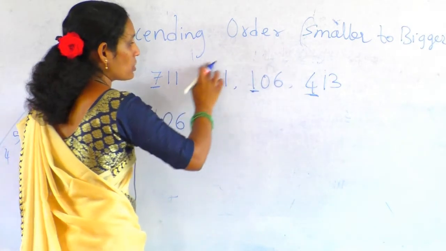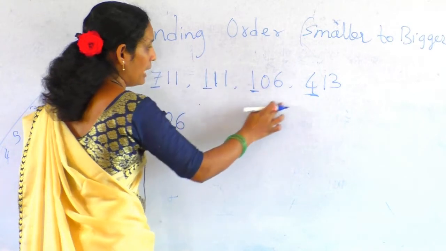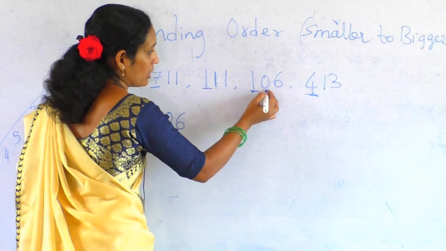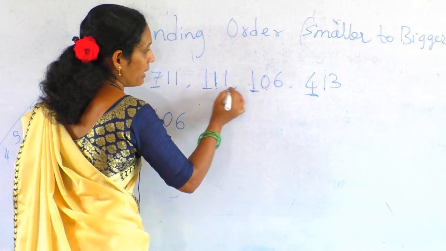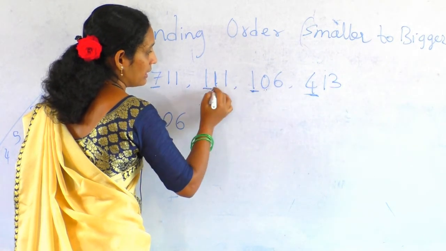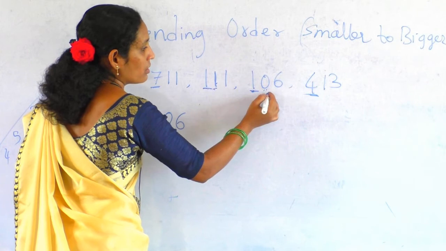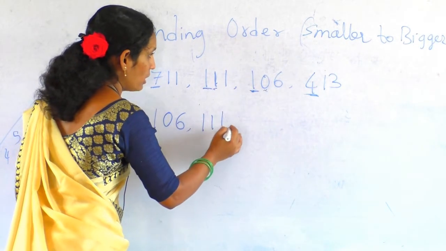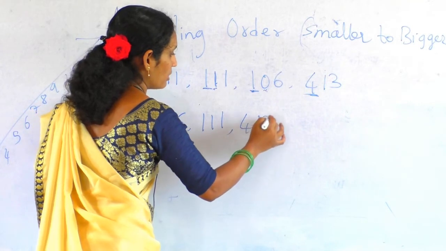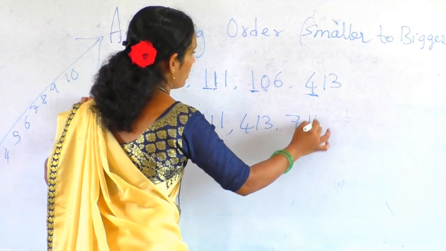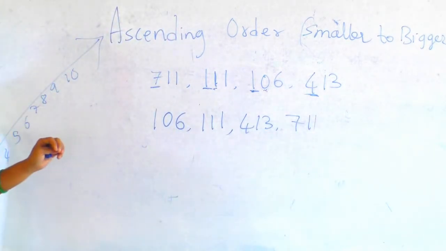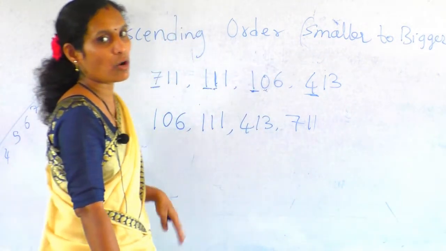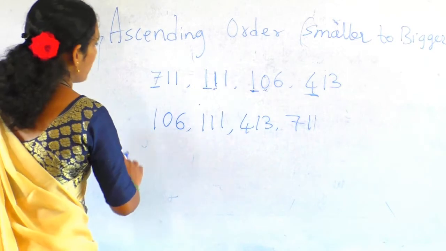In these two numbers only we should sort it out. So I wrote 106 first, next 101, next 413, next 711. This is according to ascending order, smaller number to bigger number.